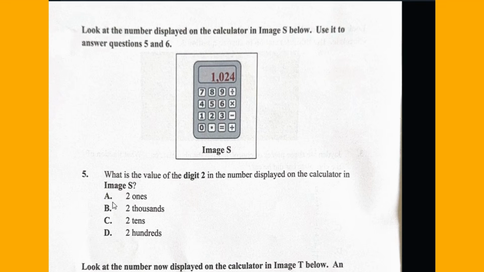So let us look at the options. We're seeing 2 ones, 2 thousands, 2 tens, and 2 hundreds. So let us look where the 2 is. The 4 is in the ones place, and then the 2 is in the tens place. So our answer is 2 tens.